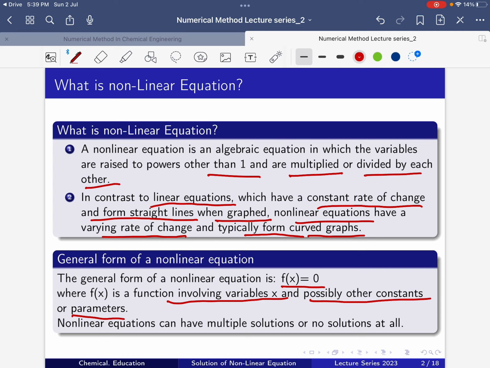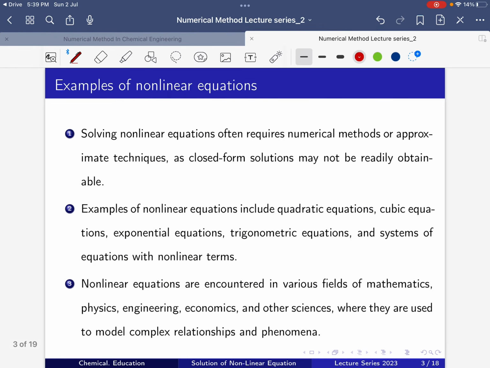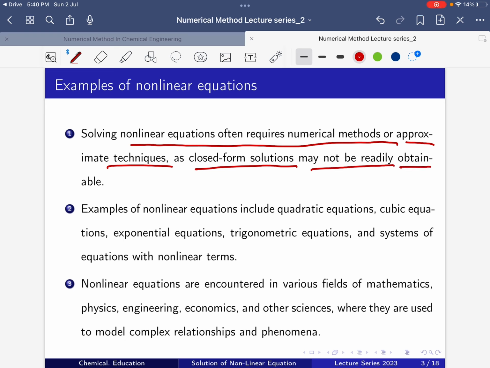A nonlinear equation can have multiple solutions or no solution at all. Solving nonlinear equations often requires numerical methods or approximate techniques, as closed-form solutions may not be readily obtainable.